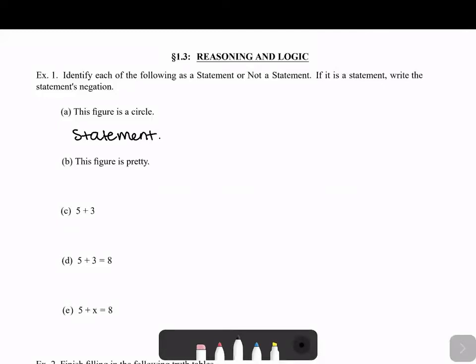So the negation of this is going to be: this figure is not a circle.